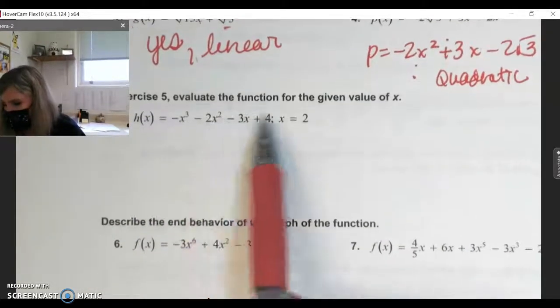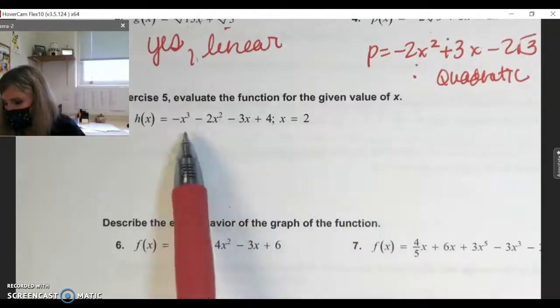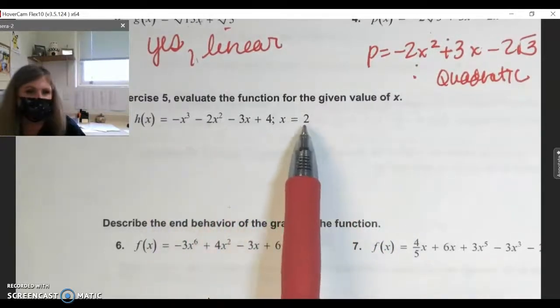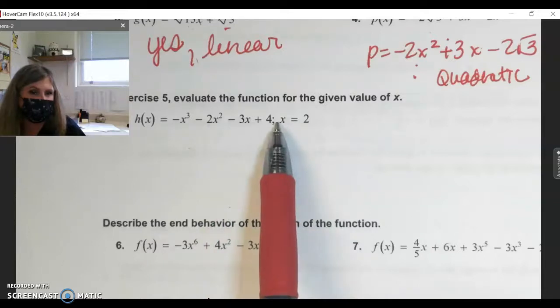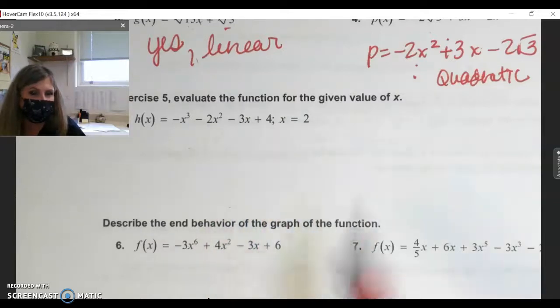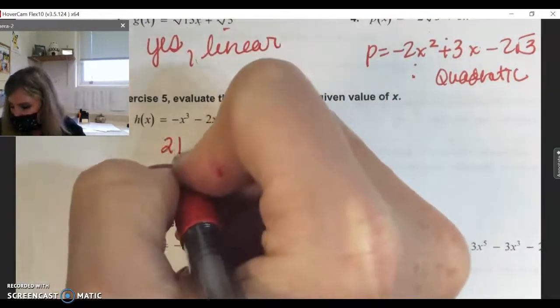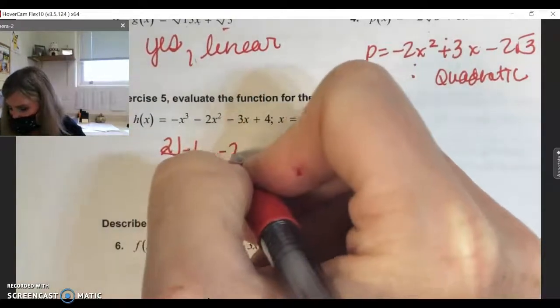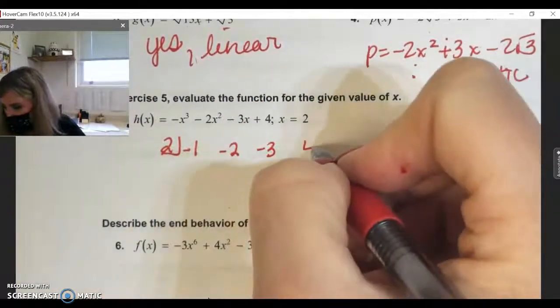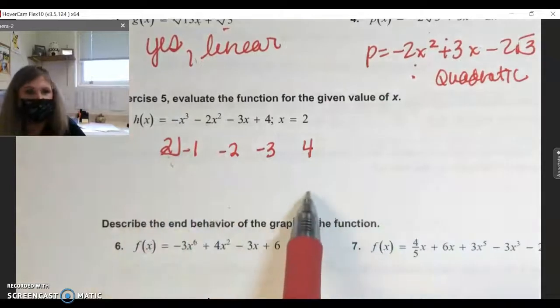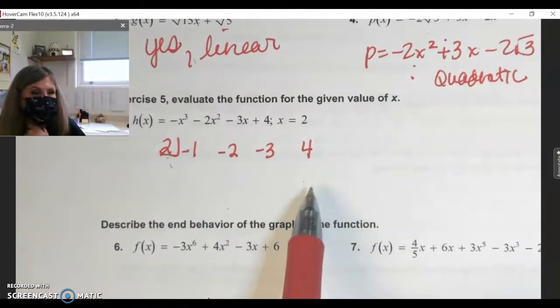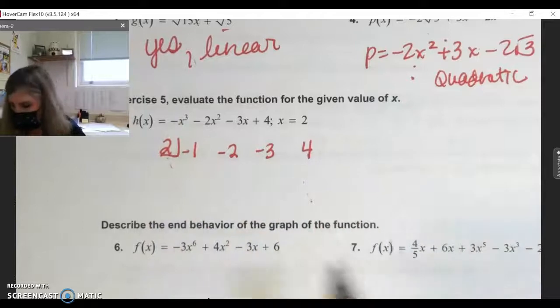Okay. Evaluate the function for the given value of x. What's the quickest way to plug in 2 into this? Synthetic, guys. Synthetic division will tell us the answer when we plug in 2. Whatever we get for the remainder, that's the answer if we were to plug in 2.